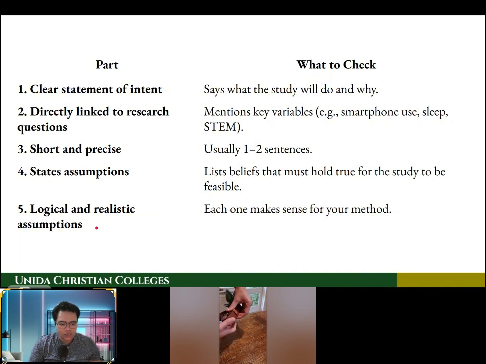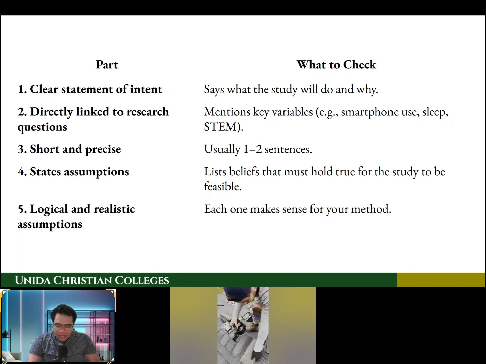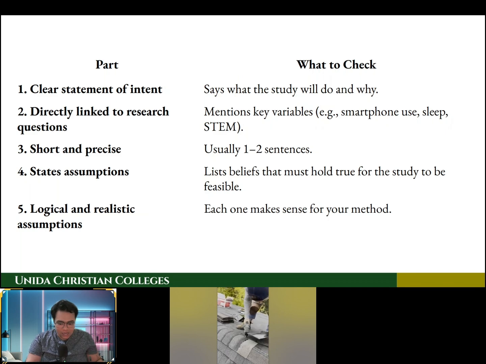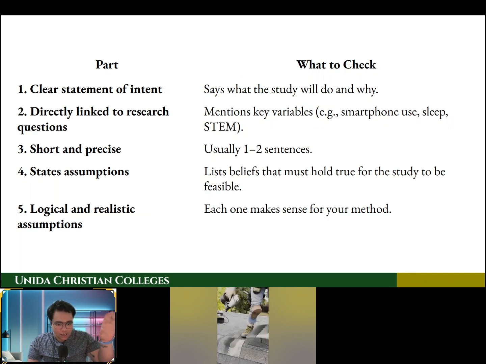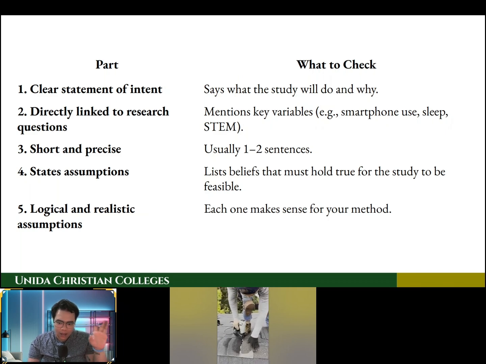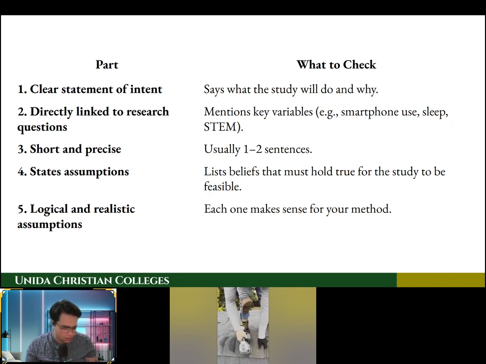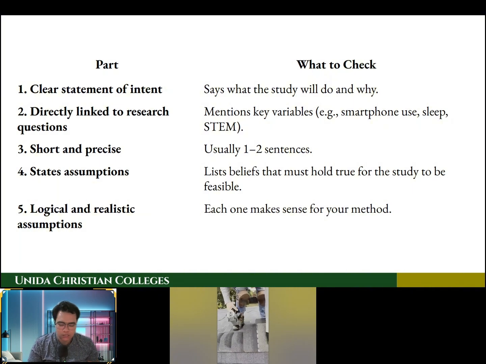Okay? So, logical and realistic assumptions meaning you're only focusing on realistic assumptions. Ano ba? Kaya nga siya educated guess kasi you've looked at past studies. The past studies have shown this. Ibig sabihin, they're going to be similar study results to your study.